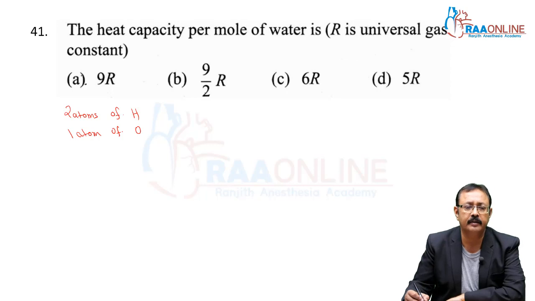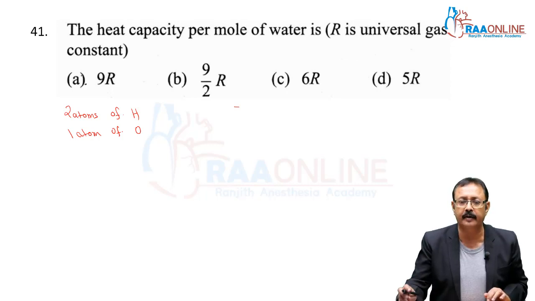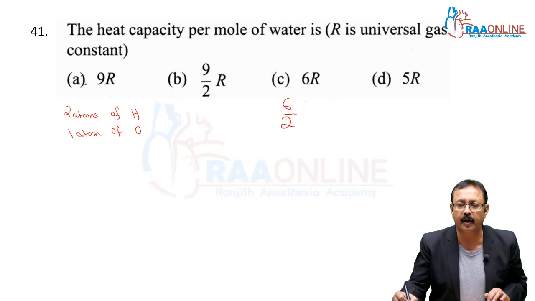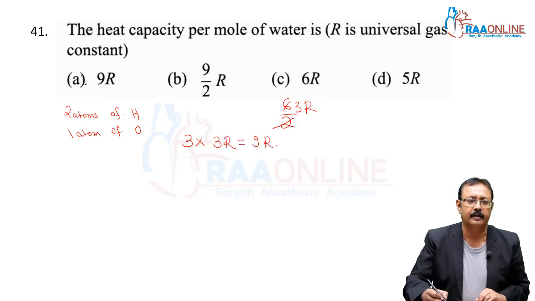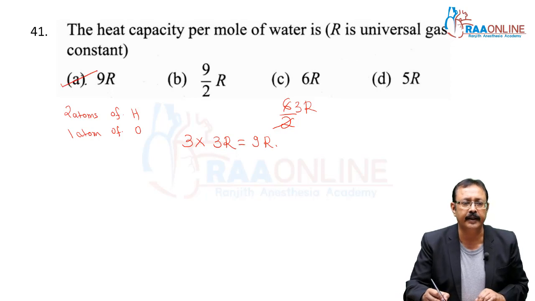For polyatomic, for 1 atom we need energy 6/2 R, which means 3 R, but there are 3 atoms. So the total energy required is 3 into 3 R, it should be 9 R. So we are going with 9 R.